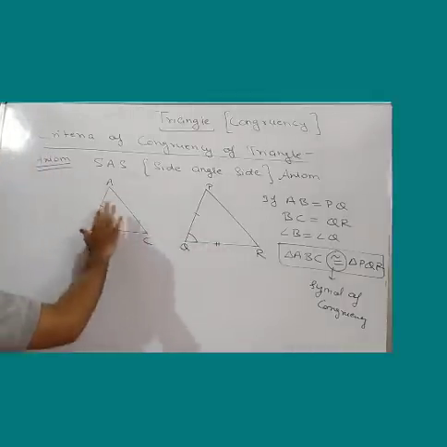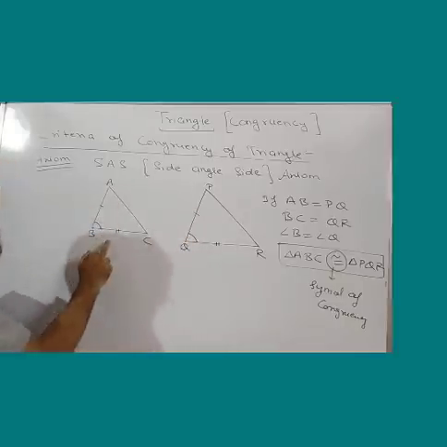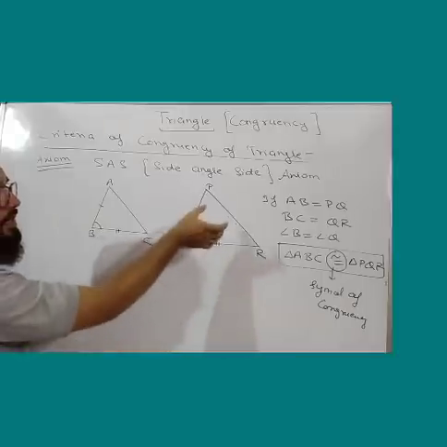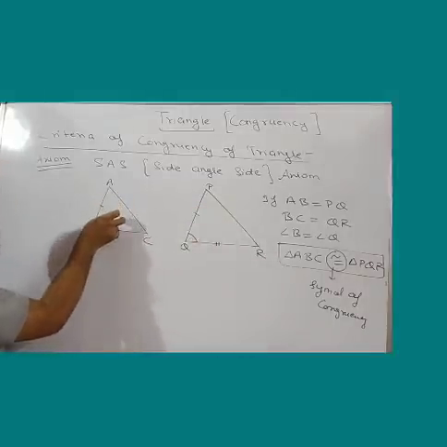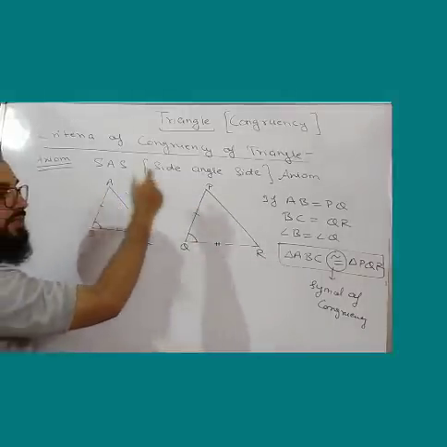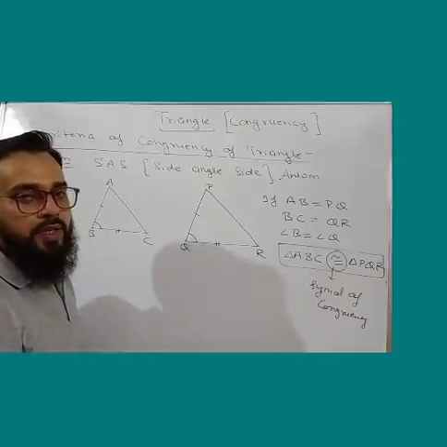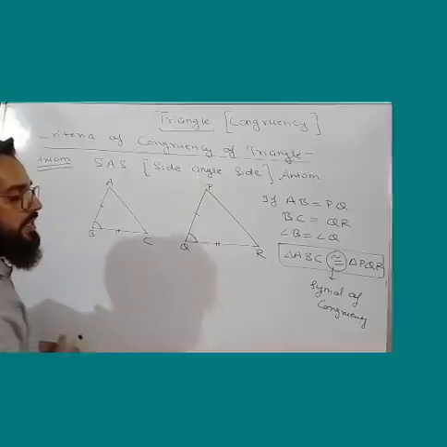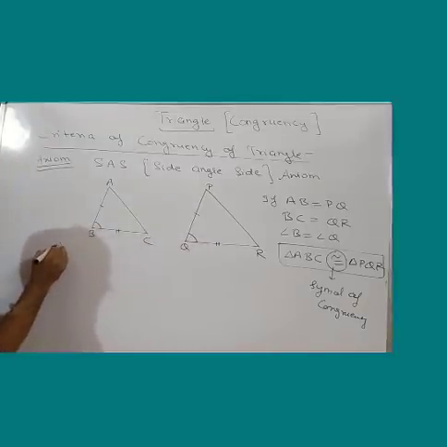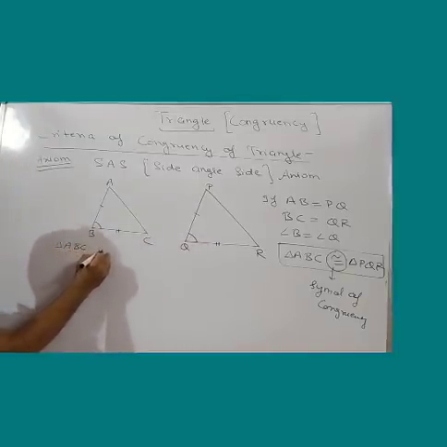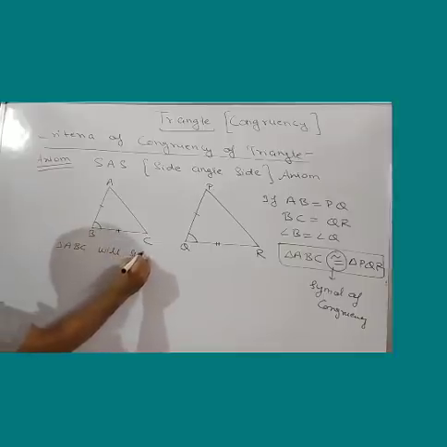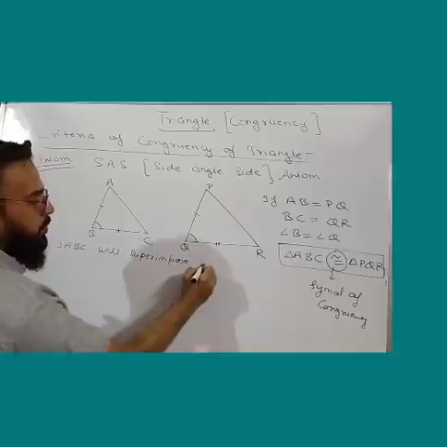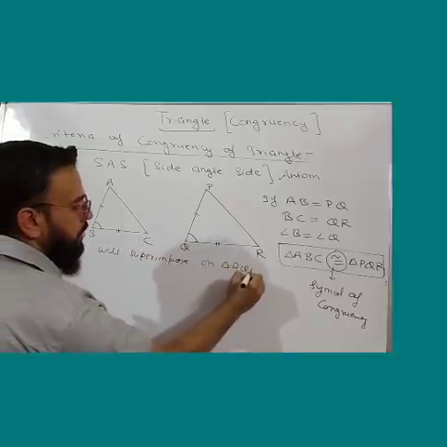So now if these two triangles are congruent, triangle ABC is congruent to triangle PQR, what does it mean? It means that triangle PQR will superimpose with ABC, or ABC will superimpose with triangle PQR. So if this condition holds, that both the triangles are congruent, then they will superimpose. It means triangle ABC will superimpose on triangle PQR.